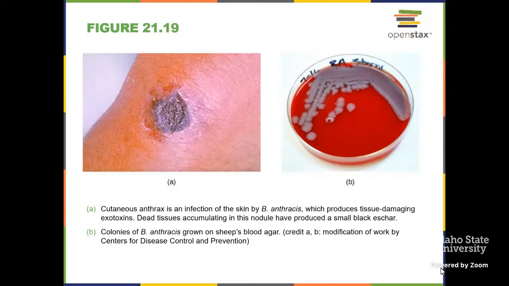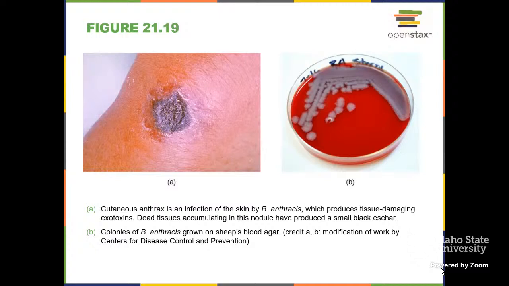Cutaneous anthrax has been called wool sorter's disease because it definitely is a good environmental pathogen that you might come in contact with. Sheep herders or sheep shearers would typically get infected on their hands as they were dealing with that stuff.